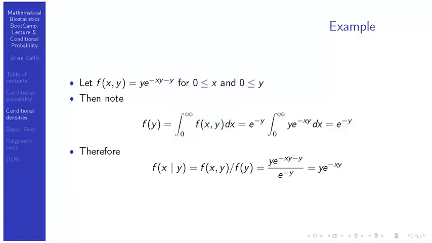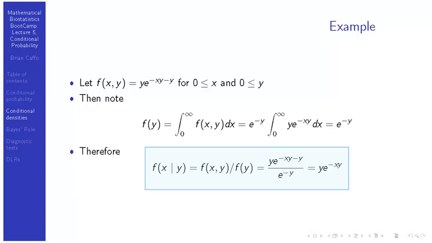And then our conditional density, f of x given y, is the joint density f of x comma y divided by f of y. So just churn through the calculations and you get y e to the negative x times y. And so if you wanted to know the conditional density, the governing behavior of the random variable x, given that y is, say, 3, then that density would be 3e to the negative x times 3.